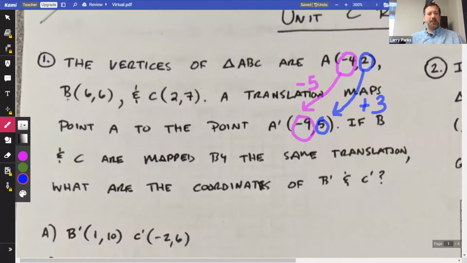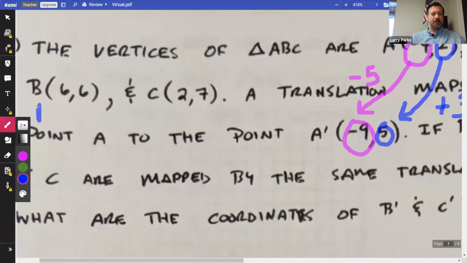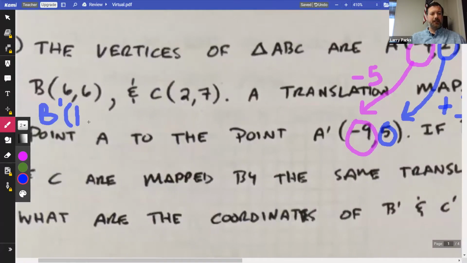Okay, so if I'm looking at B prime, what did I say? Subtract 5 from the x, so 6 minus 5 is 1. And I said add 3 to the y, so that'd be 9. So B prime is 1, 9.